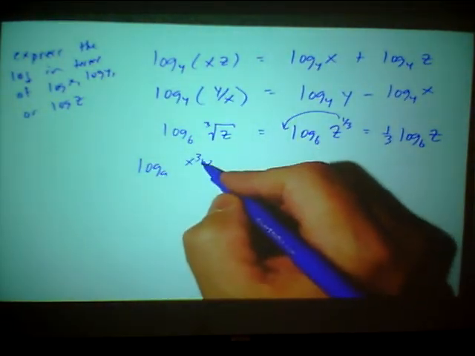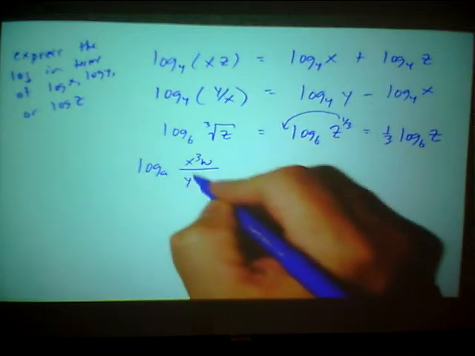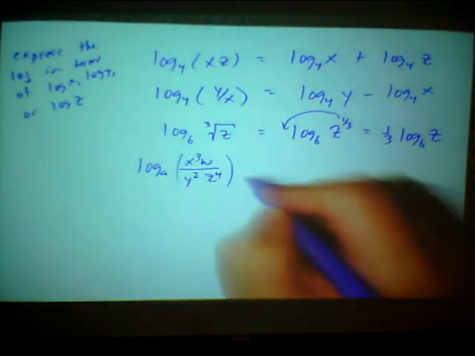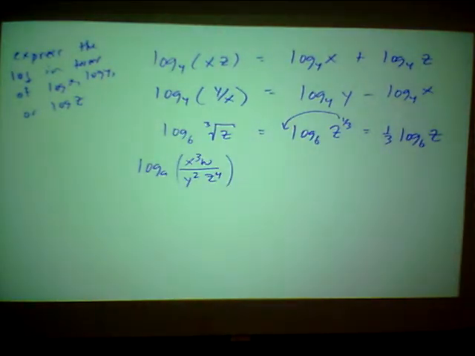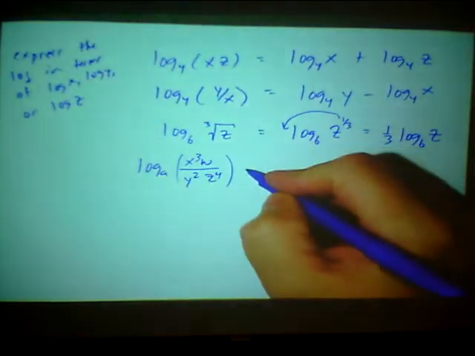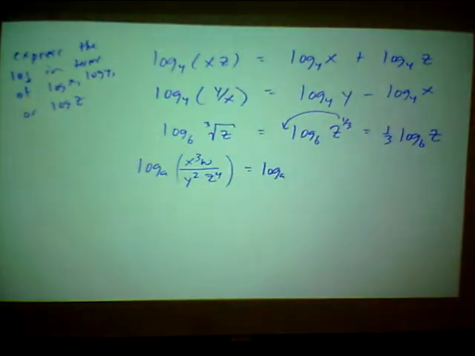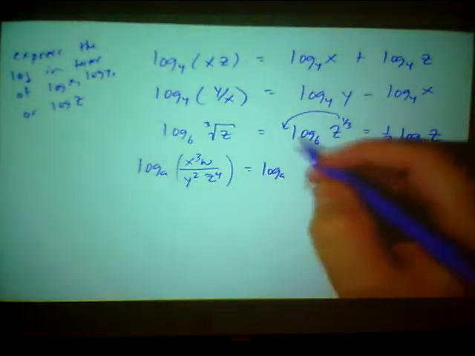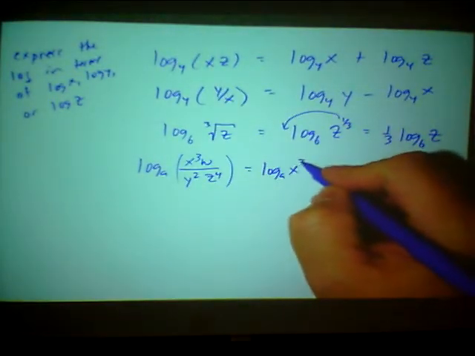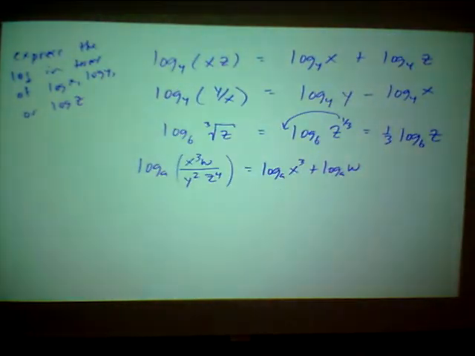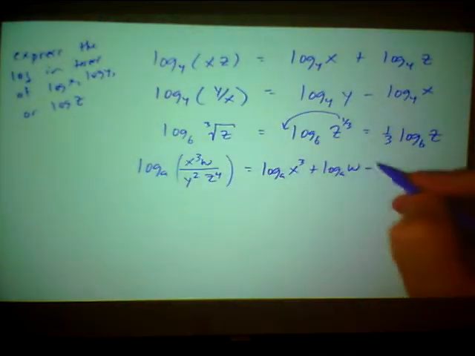Now we're going backwards. Then you can have increasingly interesting problems like log base a of x cubed w over y squared z to the 4th. I want to break this up into separate logs: log x, log w, log y, log z. So then I realize, well, everything in the numerator is going to be added. So log base a of x cubed plus log base a of w, and everything in the denominator is going to be subtracted.